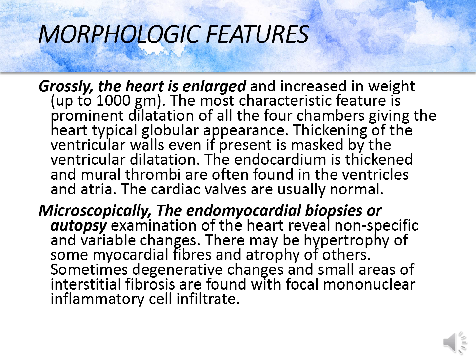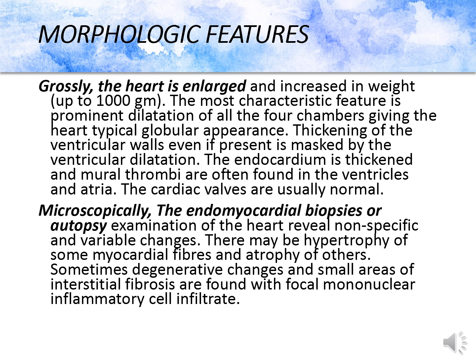The endocardium is thickened and mural thrombi are often found in the ventricles and atria. The cardiac valves are usually normal. Microscopically, the endocardial biopsies or autopsy examination of the heart reveal non-specific and variable changes.